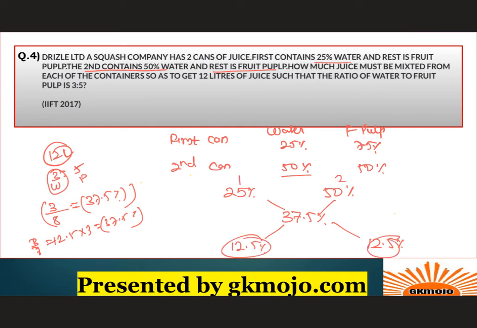Hence, you find that the ratio in 12 liters should be 1:1, which is 6 liters, right? So 6 liters of each juice, each of the both juices should be mixed. Hence, the correct answer over here is 6 liters. It was an easy question. You had to just figure out the part where you have to deal only with respect to water, and you'll easily find the answer. That's it.